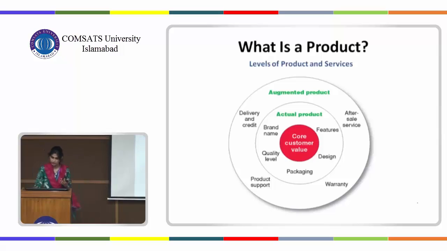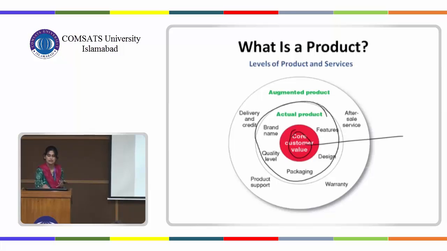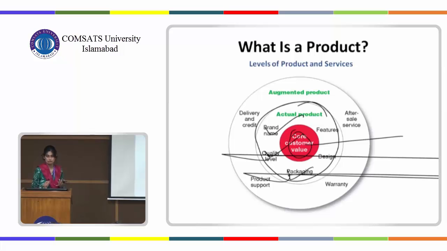If you see the diagram here, in the center you have the core customer value, the benefit, the intangible aspect of the product, the benefit that you're trying to give to the customer, or the need that you intend to satisfy. Based on that need, once you've identified it, you have created the actual product. Actual product includes the brand name, what quality level you have to offer, what packaging, what design, and what features.